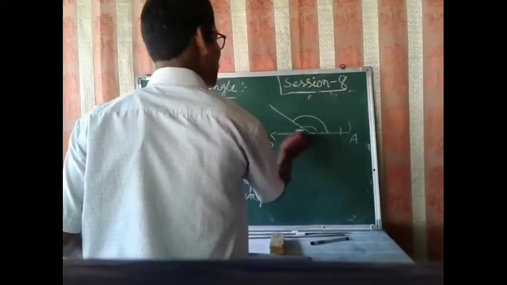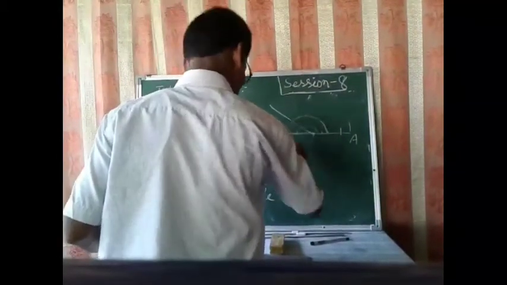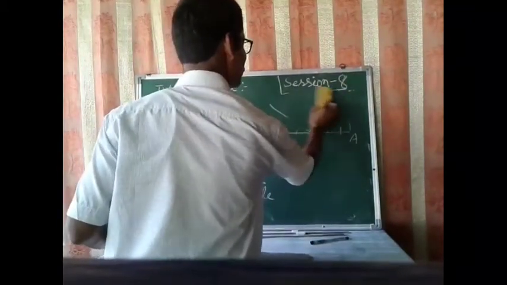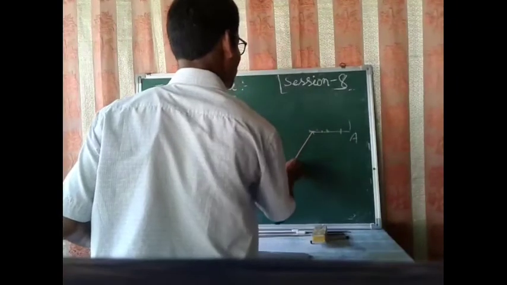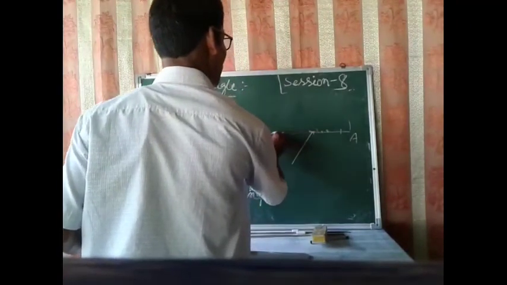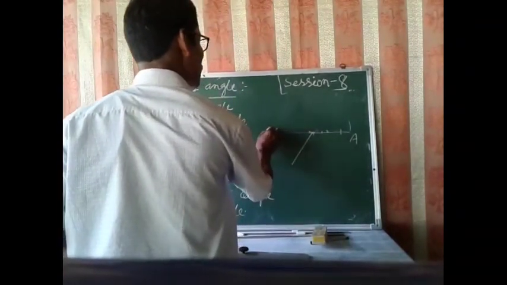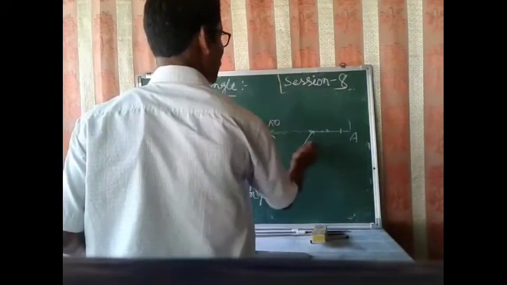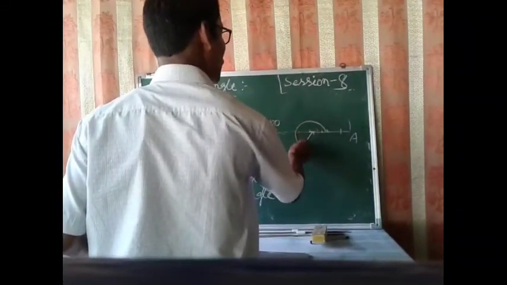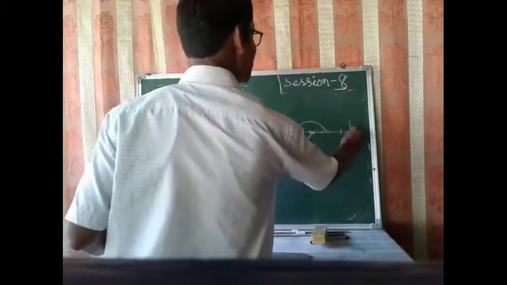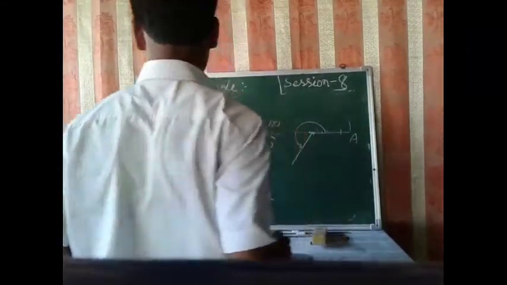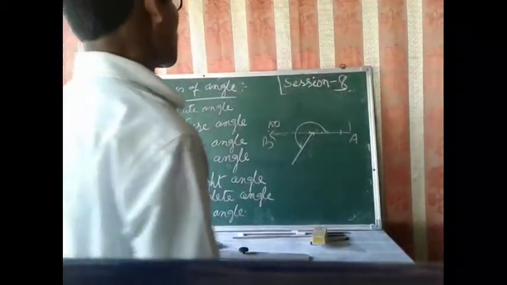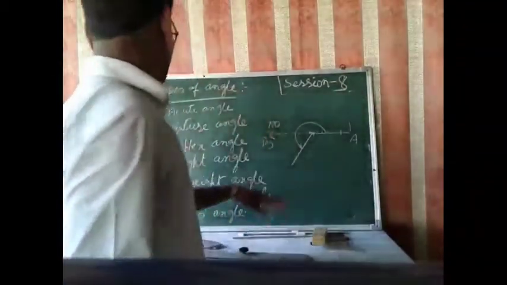More than 180 degrees, this is 180 degrees. So, the angle measuring at these positions up to here, this is 180 degrees. So, from here an angle greater than 180 degrees and less than 360 degrees is known as a reflex angle. What is a right angle? A 90 degree angle is known as a right angle.